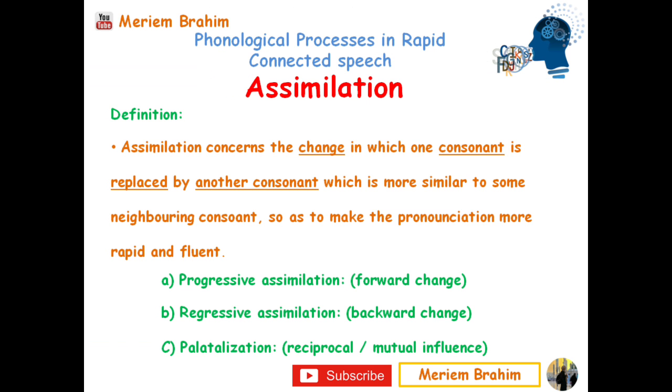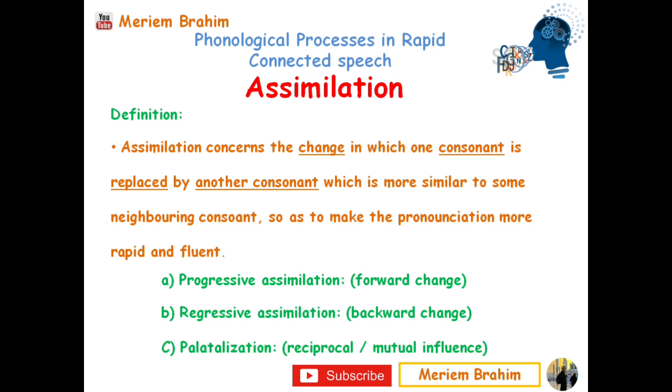So, what is assimilation? Assimilation concerns the change in which one consonant is replaced by another consonant which is more similar to some neighboring consonants, so as to make the pronunciation more rapid and fluent. We have, in fact, three types of assimilation.